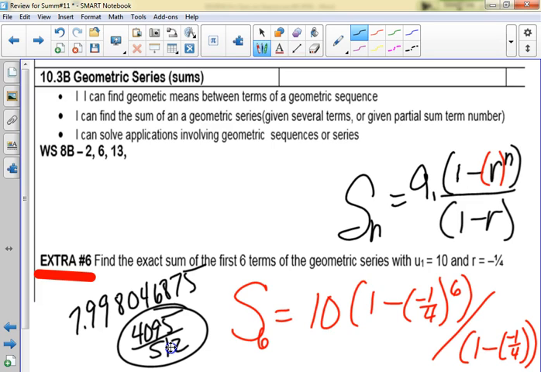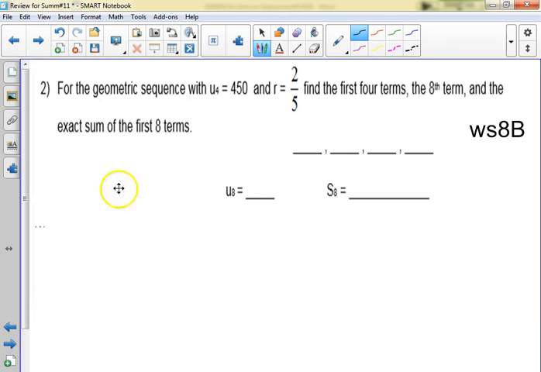So the difference between the first 5 terms added up and the first 6 terms added up is very tiny, right? And if you round, you could very easily get, did someone put in a 5? You got almost exactly the same thing, yep. All right. Hopefully it's not too confusing on there.